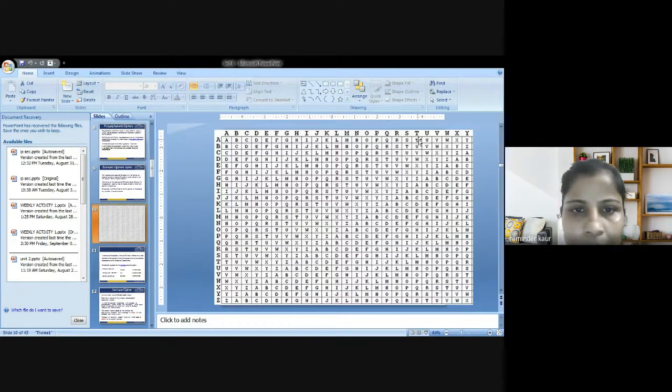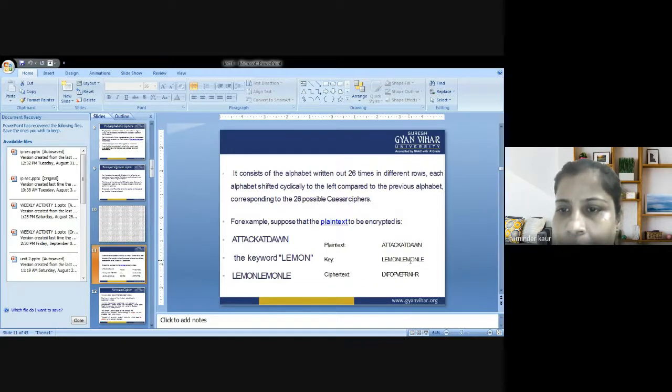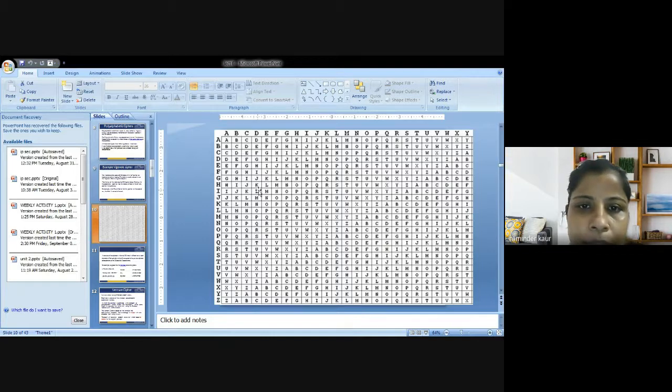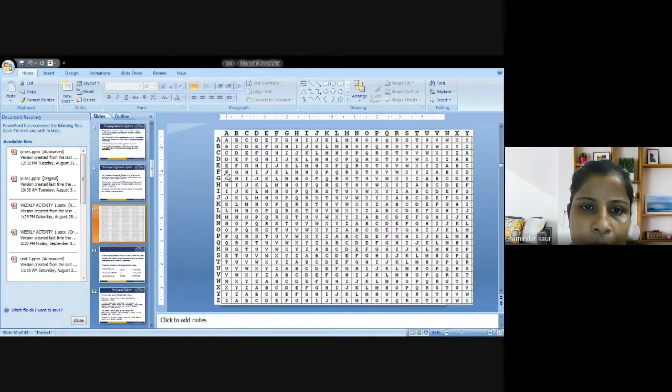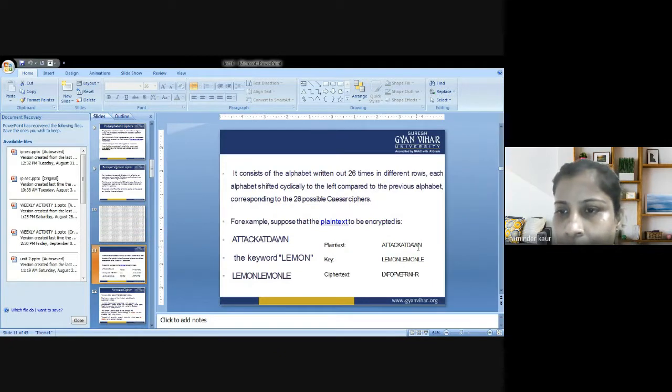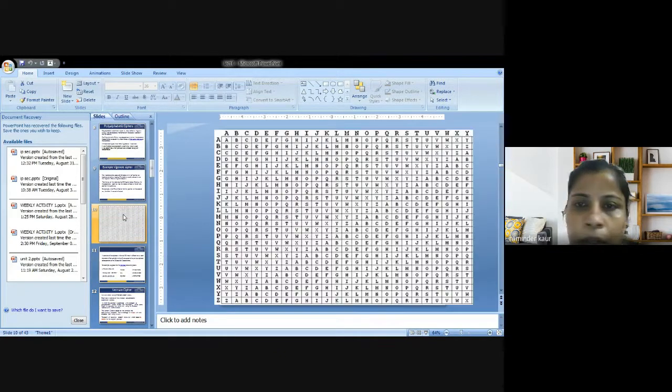Then T and M. This one is T and this one is M. It is represented with F. Next is D and O. It will be represented by R. Then A and N. It will be represented by N. Then W and L. W column and L row.